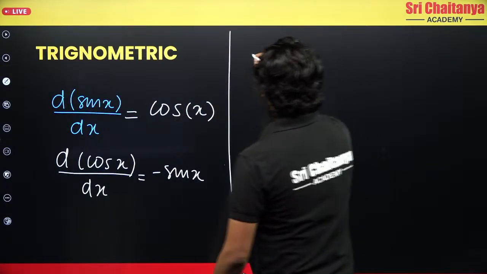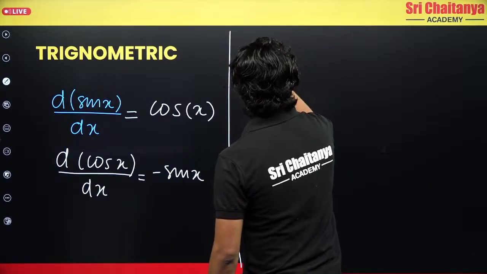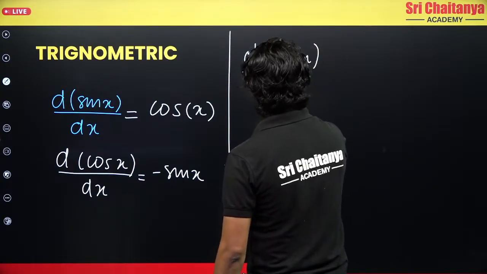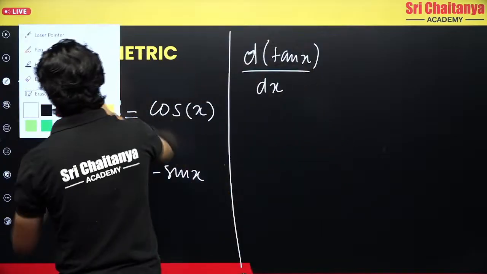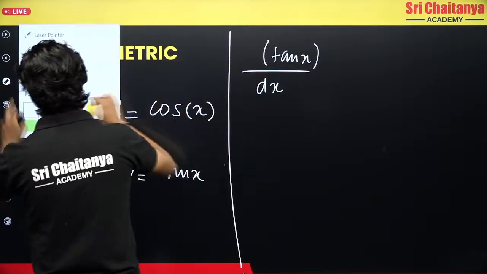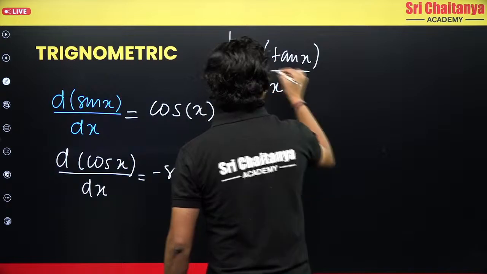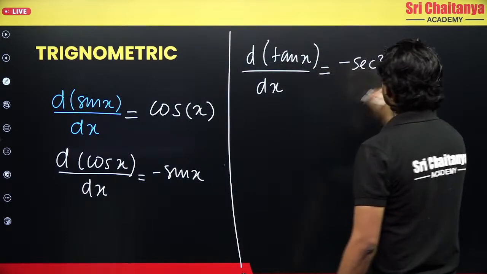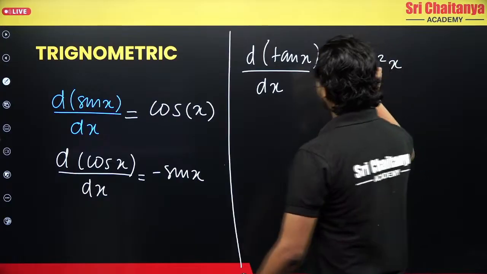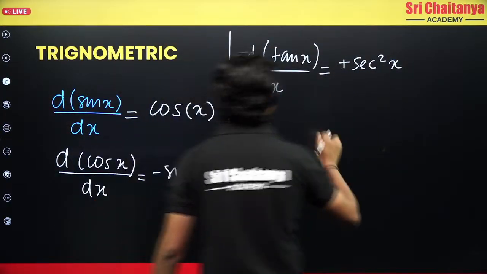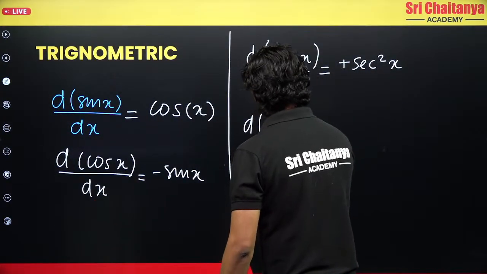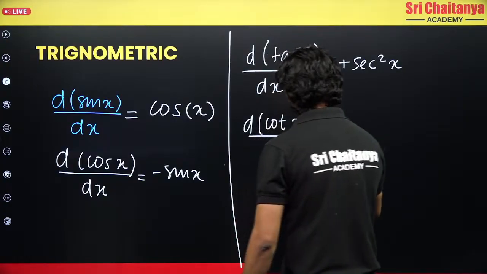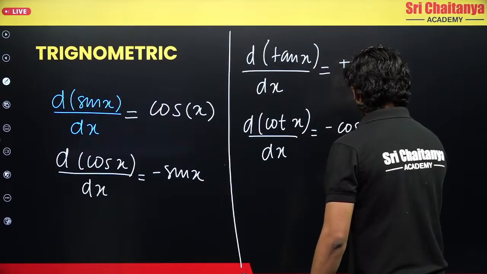Next, differentiation of tan x with respect to x is equal to sec square x. And differentiation of cot x with respect to x is equal to minus cosec square x.